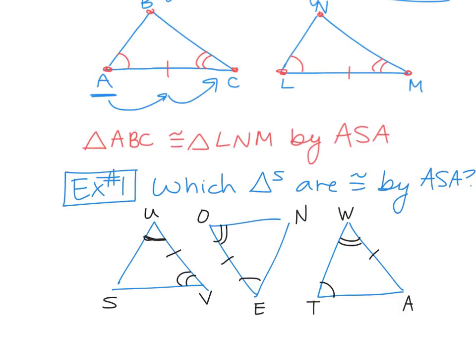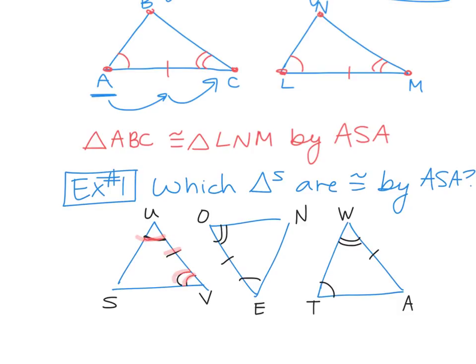Okay, so let's say this is your setup. I'll give you a sec to finish drawing it. When you look at the first triangle, do you see ASA? Yes. You have the angle, the side, the angle, right?